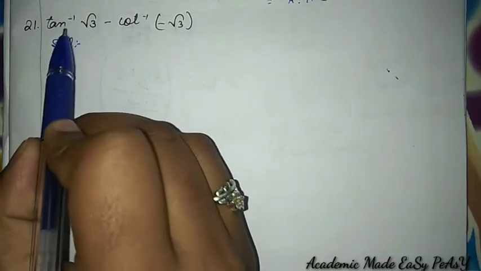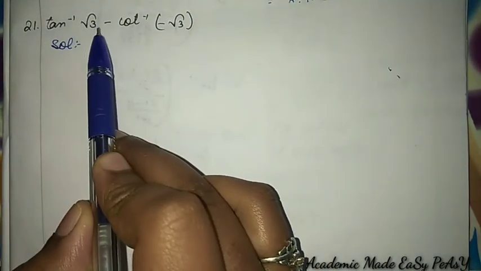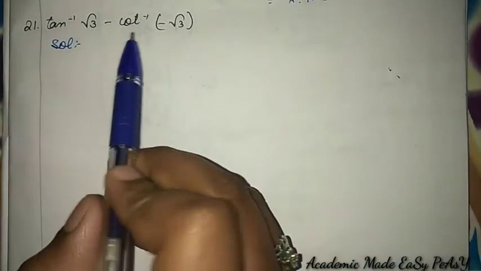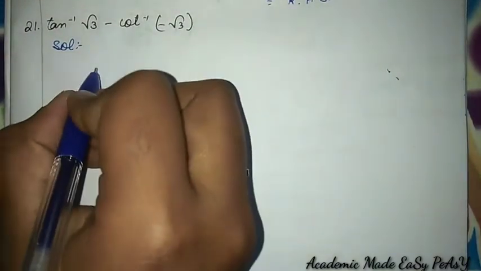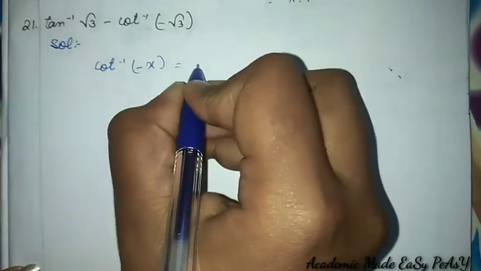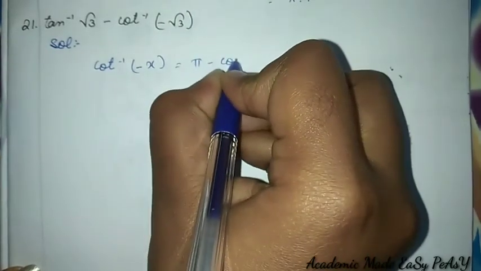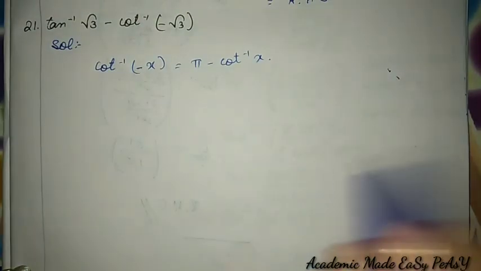Question 21. Tan inverse root 3 minus cot inverse minus root 3. So tan inverse root 3 can be written directly, whereas we have cot inverse minus root 3. No, so we have already learned the formula. Cot inverse minus x is equal to pi minus cot inverse x. No, so we will be using that formula and changing it.